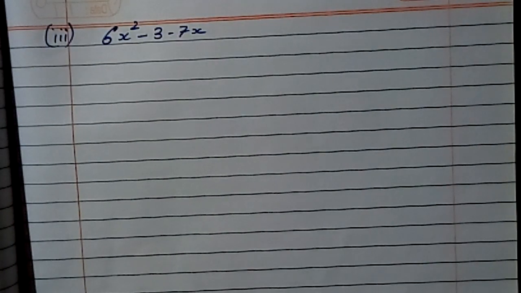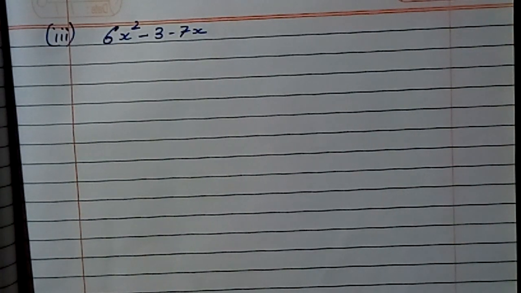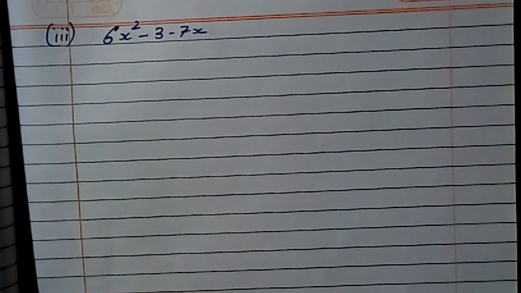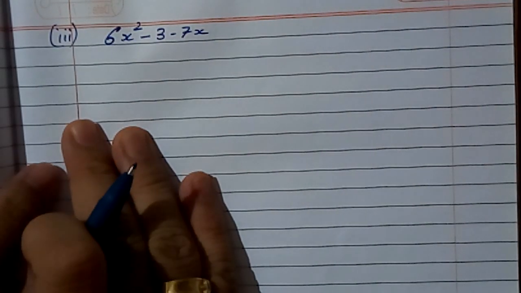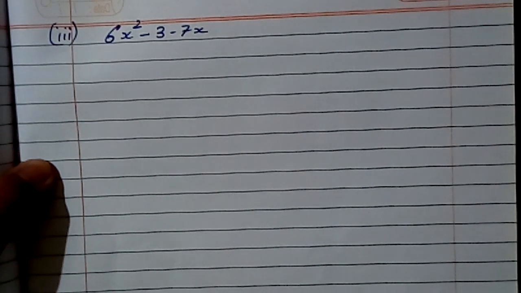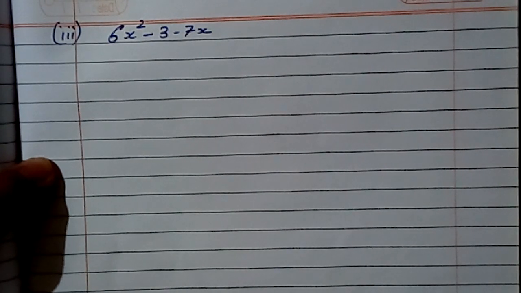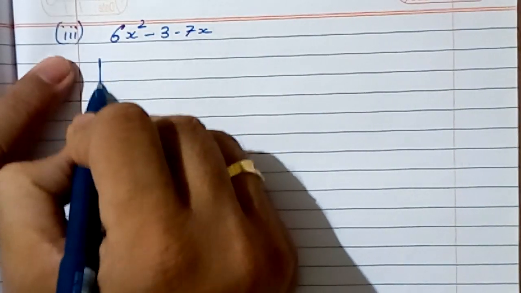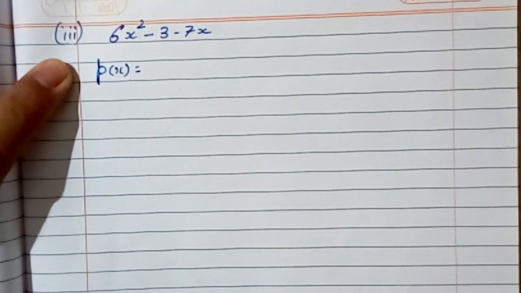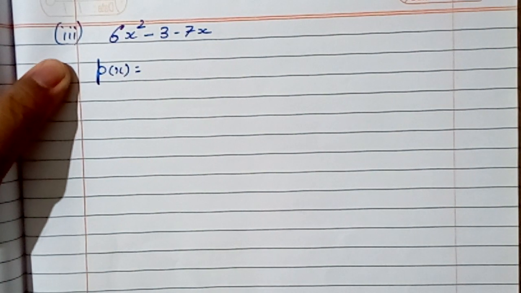Now friends, we are taking question number 3 of the first one. We are given the polynomial 6x square minus 3 minus 7x. So we write p of x equal to, we have to write all the terms in the decreasing order of the degree.